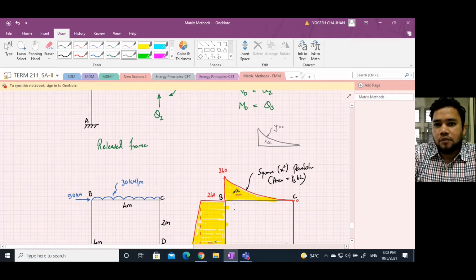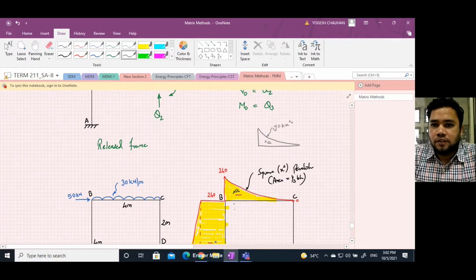Let us say y is equal to kx raised to the power n.